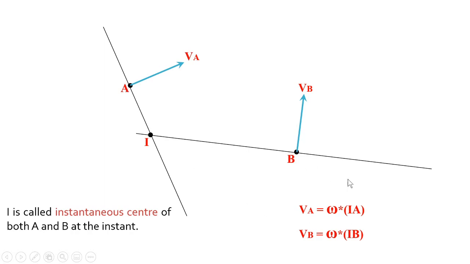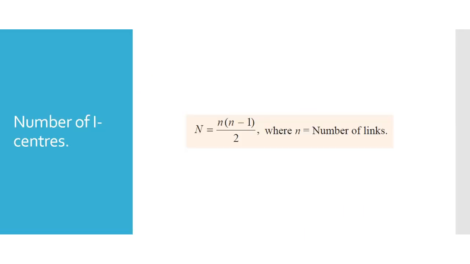Similarly IB. Now next is the number of instantaneous centers in a mechanism. The number of instantaneous centers is given as capital N equals small n into n minus 1 by 2, where small n is the number of links and capital N is the number of instantaneous centers. Please note this.